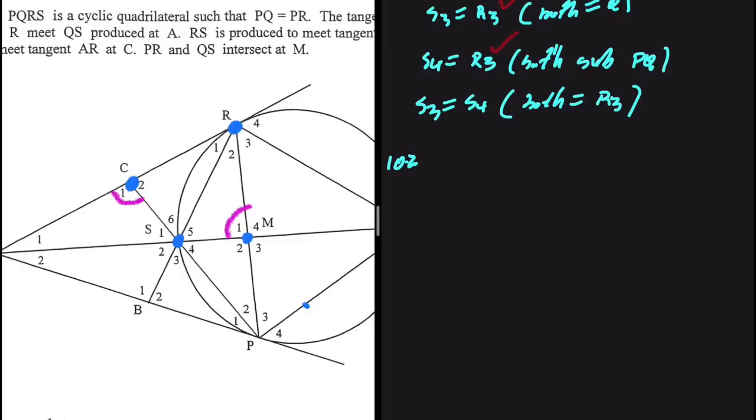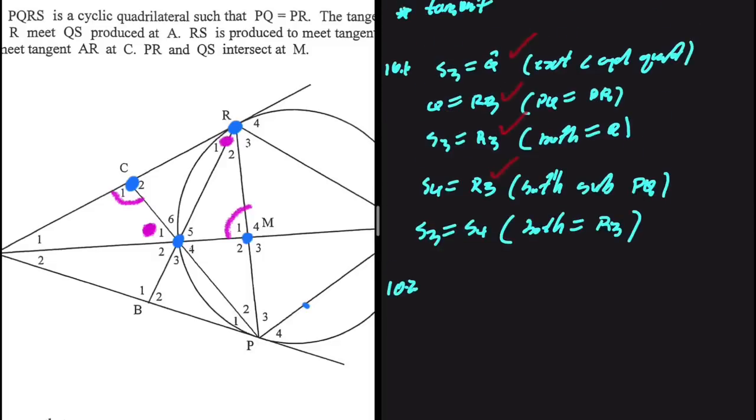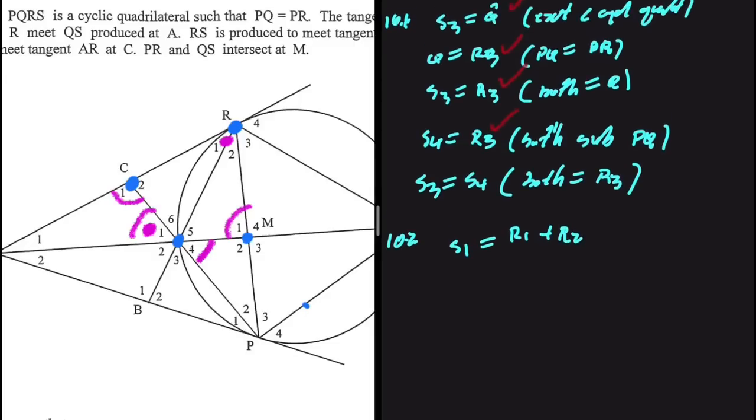And angle S1 should be equal to angle R1 plus angle R2. I'm realizing that S4 is equal to S1, and in the question above we talked about S4. So why not try to prove that S1 is equal to R1 plus R2? We can carry on from what we did in 10.1 and don't have to start anything new.